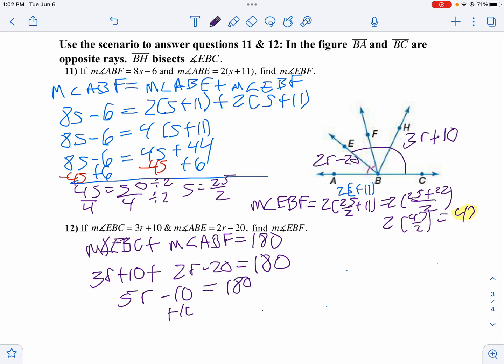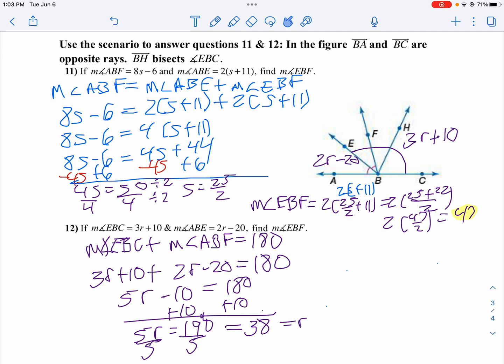Well, let's add 10 to both sides. 5R equals 190. Divide by 5. We'll take 190 divided by 5. 5 goes into 19 3 times with 4 left over. So 38 is R. And I want to find EBF.